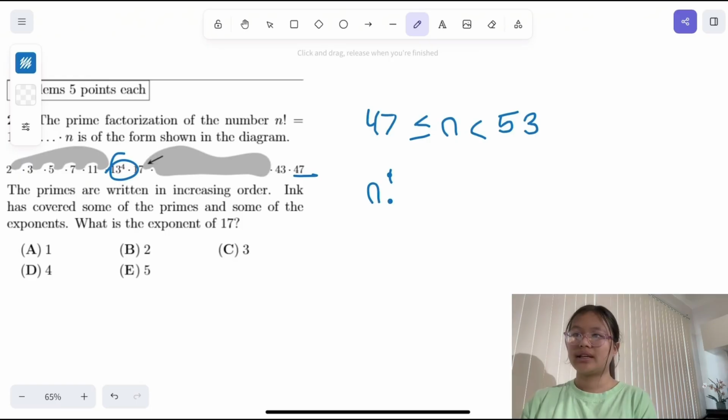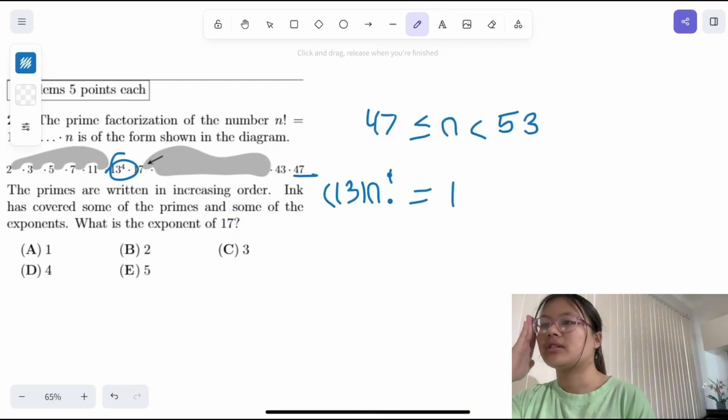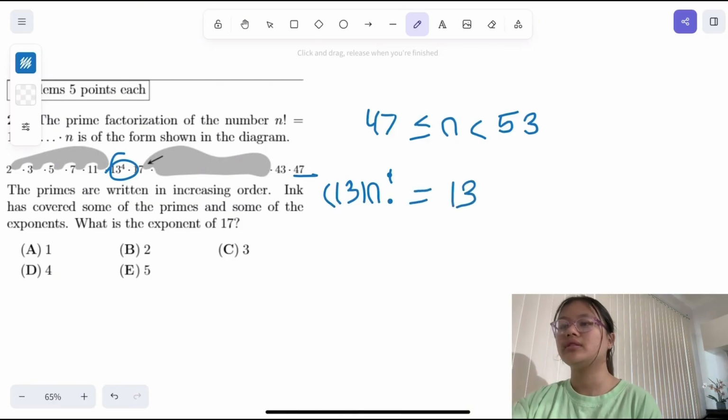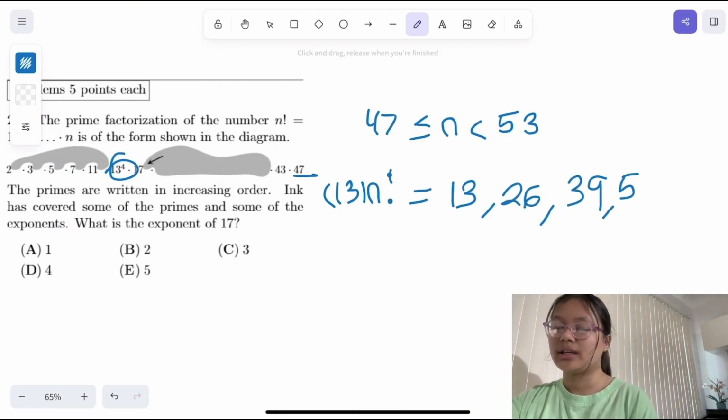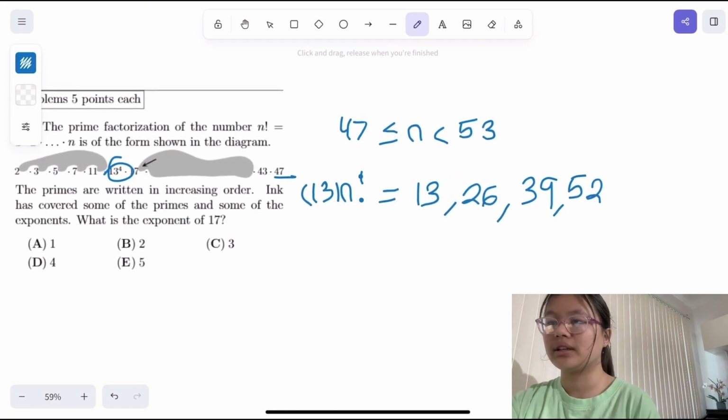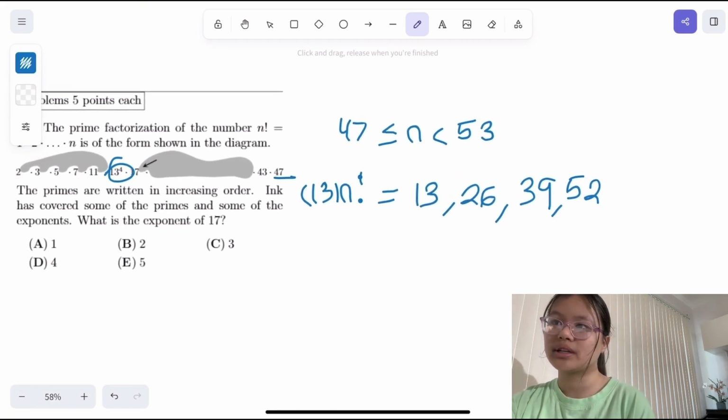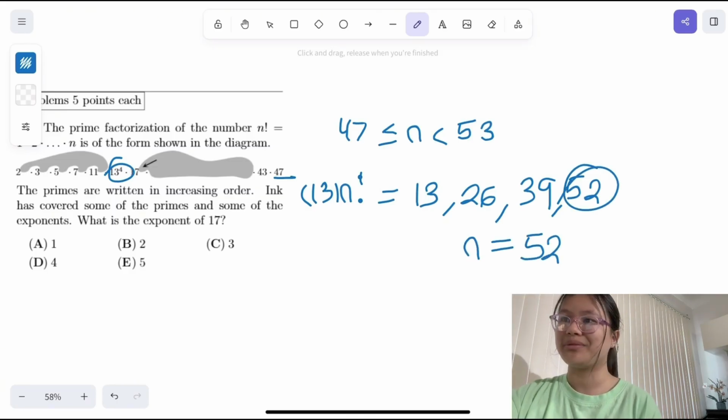So n factorial, and I'm going to write 13 so we don't get confused. So then that equals 13, 26, 39, and 52. And we can say that n is equal to 52 because 47 fits in the category that we put in the beginning.